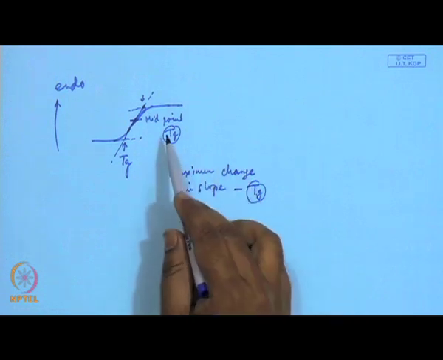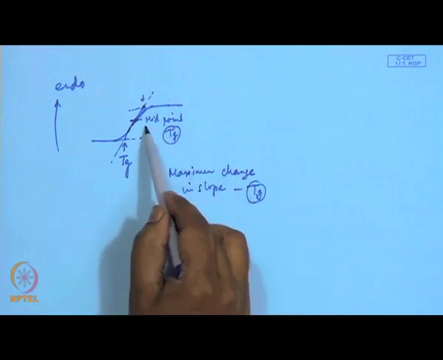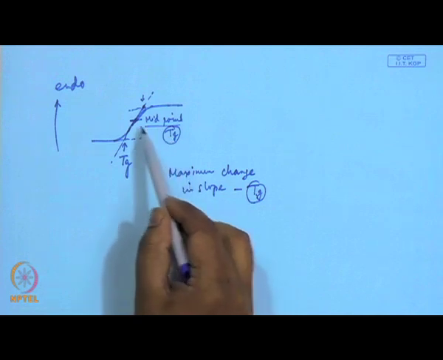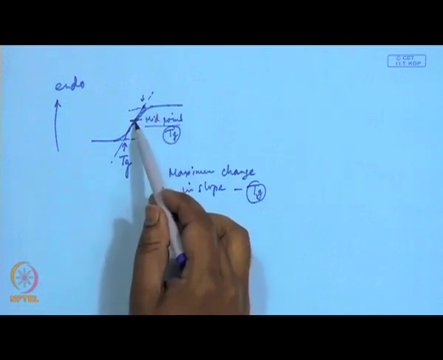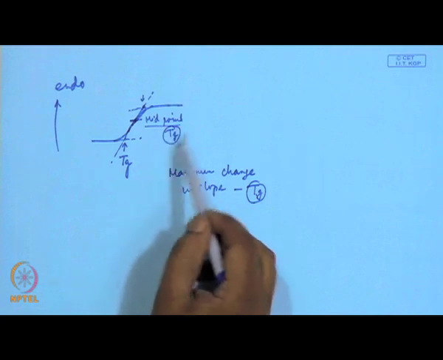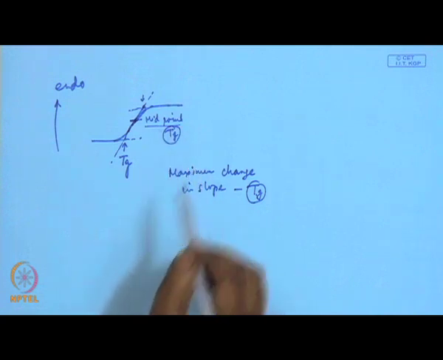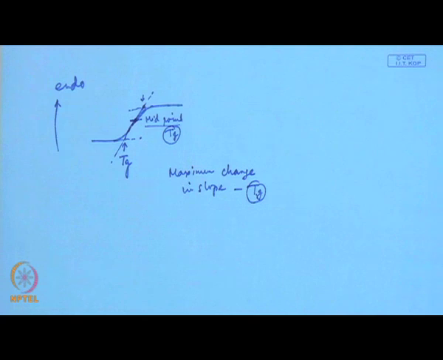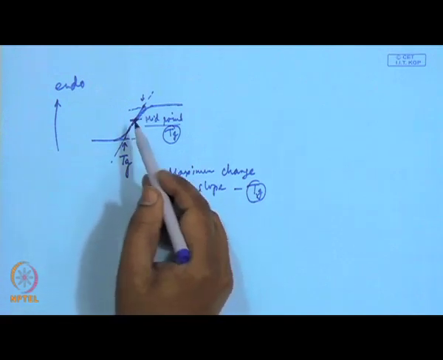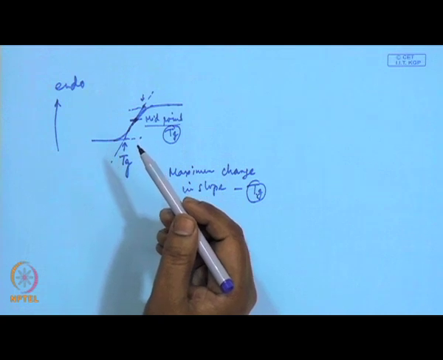Now, this is very close to the midpoint of this changeover. So, generally if nothing is mentioned, we assume that the Tg is the midpoint of these two inflection points.